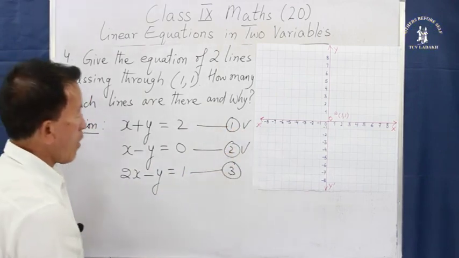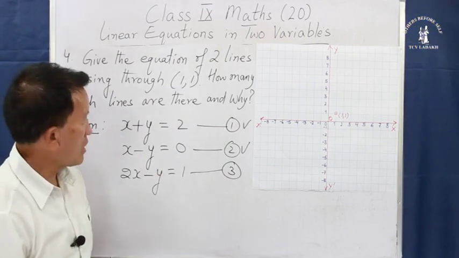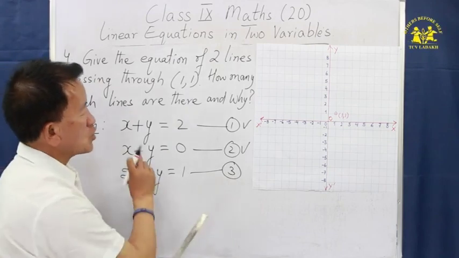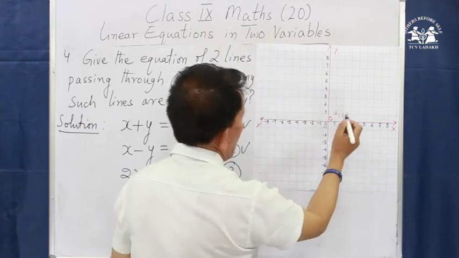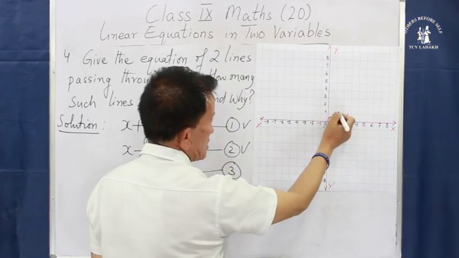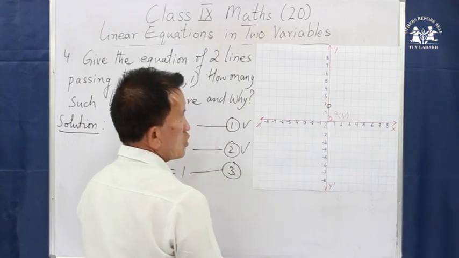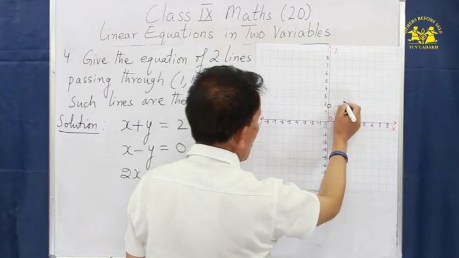Okay. Now, let's see whether that is possible in the graph. Right. First, x plus y is equal to 2. So x plus y is equal to 2, this is the common point, and this is also 1. X is equal to 2, y is equal to 0. 2 plus 0 is 2. Right?